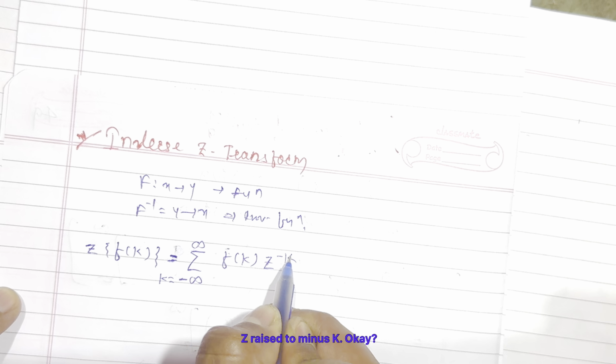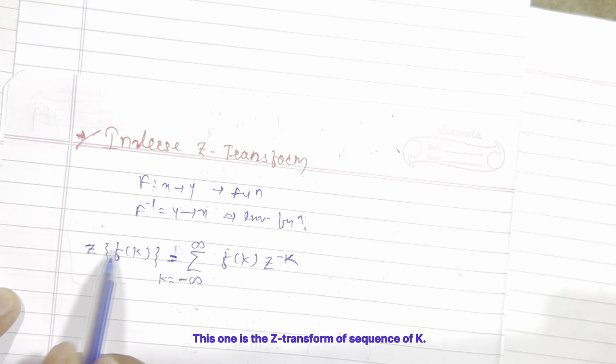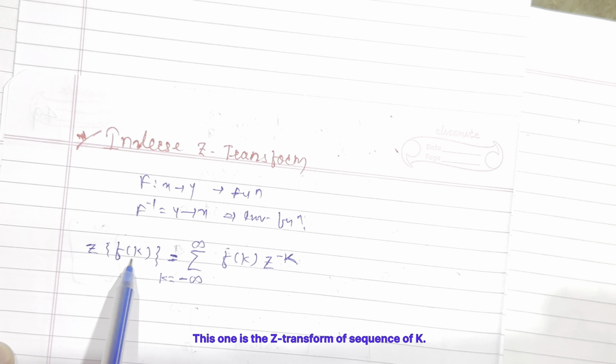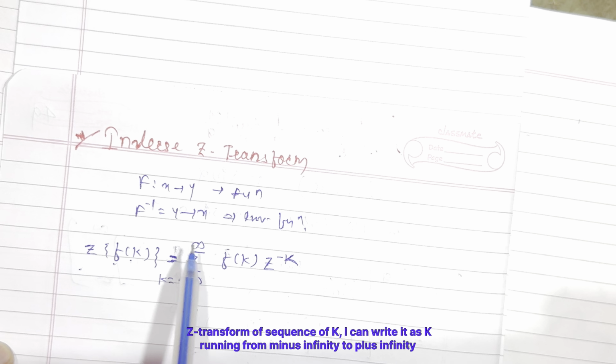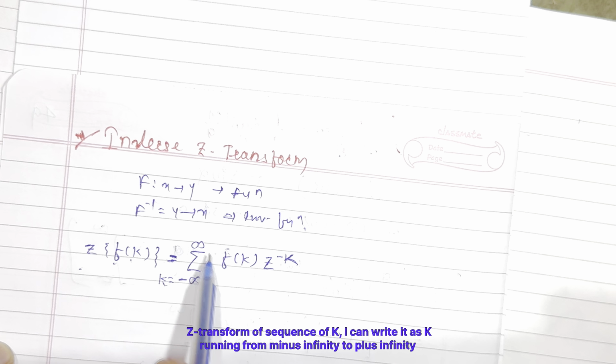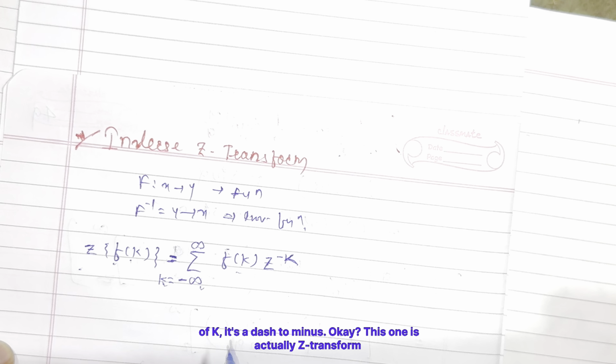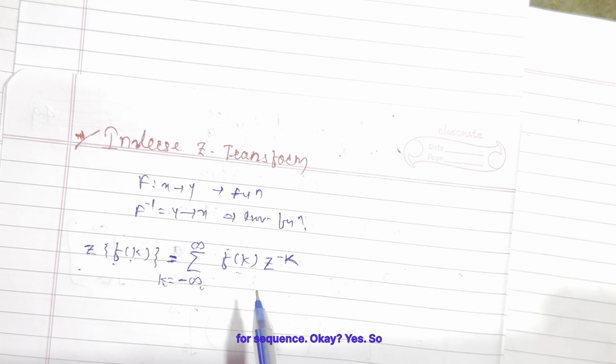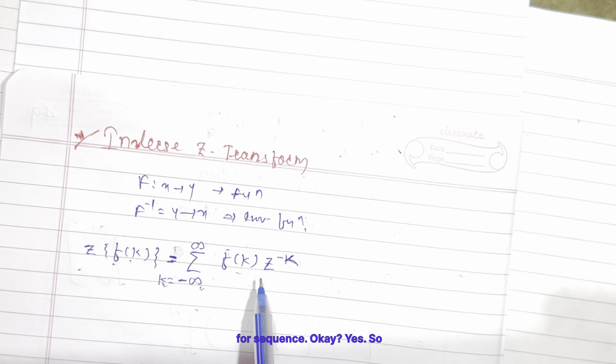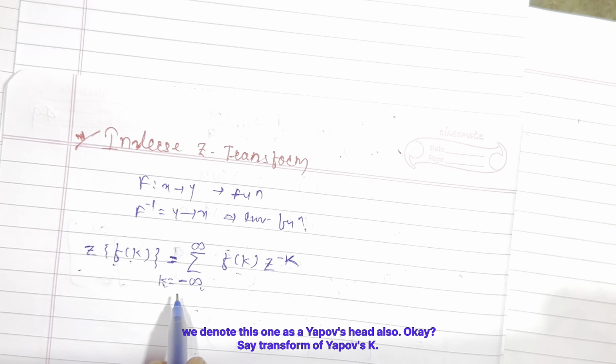This is the Z transform of the sequence. We denote this as F of z also.